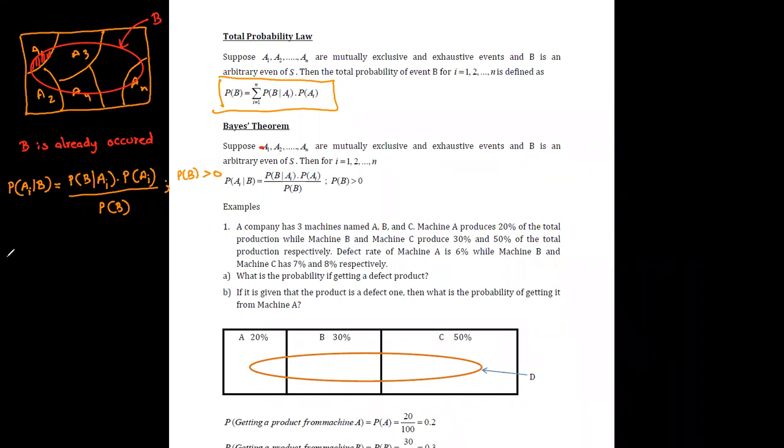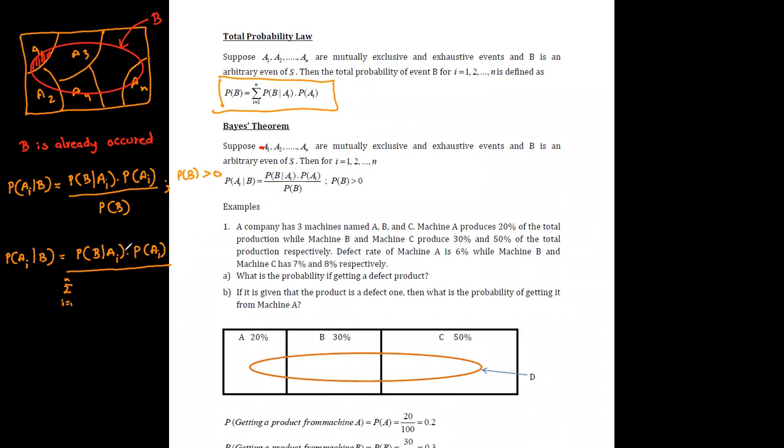Then we get probability of Ai given B is written as probability of B given Ai times probability of Ai divided by the summation, i goes from 1 to n, of the similar quantity, probability of B given Ai times probability of Ai. Therefore, you can use this way or this way.